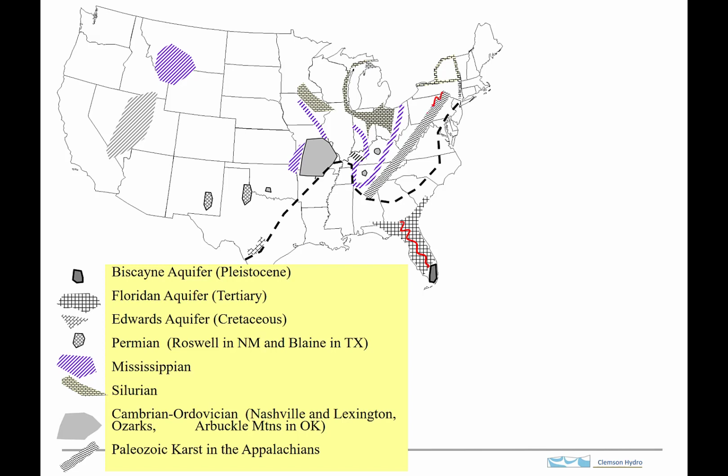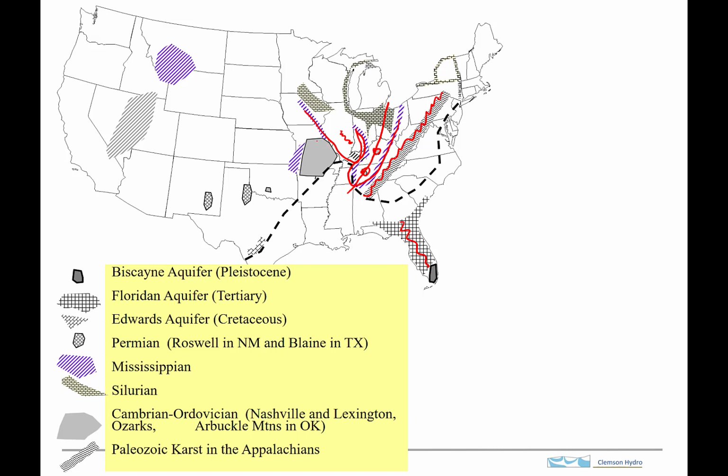There are karst aquifers here in the Appalachians, and then there's this structural high, and there are Ordovician aquifers exposed right here at the center of the Lexington and Nashville domes. And then the Mississippian aquifers shown here wrap around that high, and they also wrap around the low here, that's the Illinois basin.